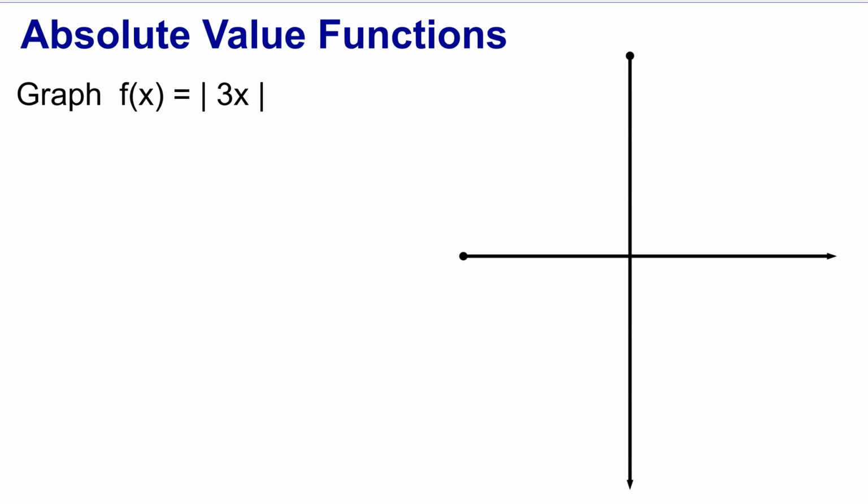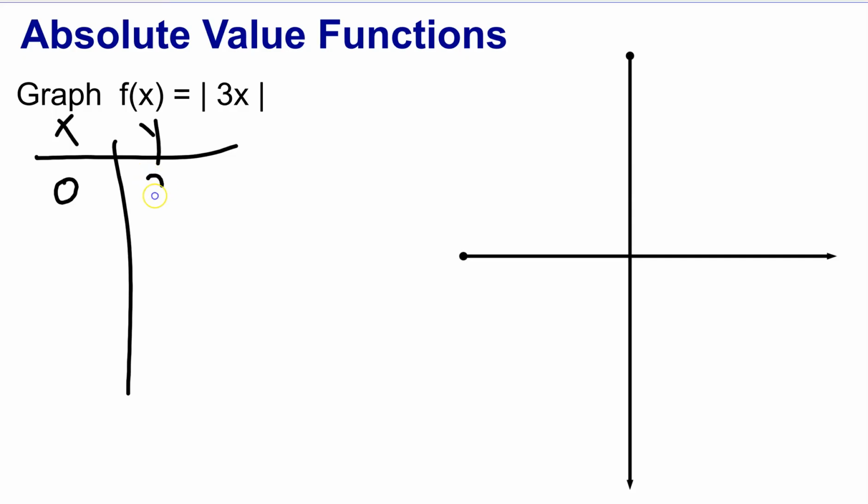Next, we're dealing with absolute values. This is a piecewise function, and this one here we are going to graph. Notice all the other ones we are graphing by hand. I'm going to graph this one by hand just so you can see the first one, and then we're going to use the graphing calculator on the rest. So when x is 0, the absolute value of 0 is 0.